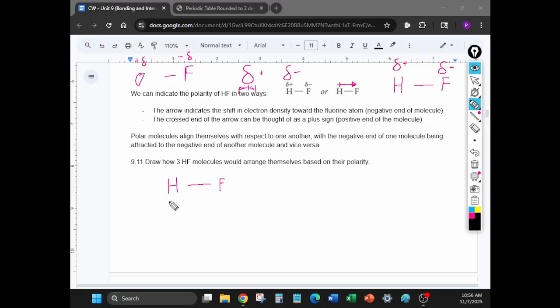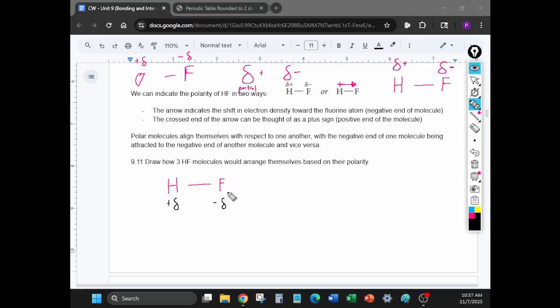We just said that hydrogen is partially positive and F is partially negative, right? When we have these molecules, we never have just one of them by itself. There are always moles of them, right? What was it, 602 sextillion of them.